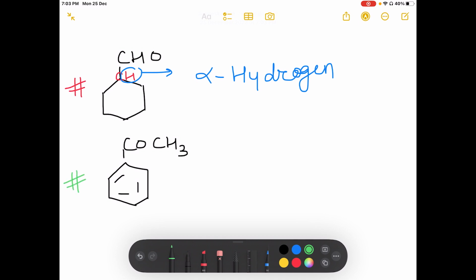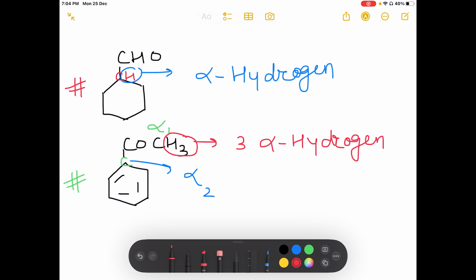In this structure also, we have two alpha carbons. This one, let's label it alpha 1, and this carbon, we label it alpha 2. Alpha 1 contains 3 hydrogens. So here we have 3 alpha hydrogens in this compound.